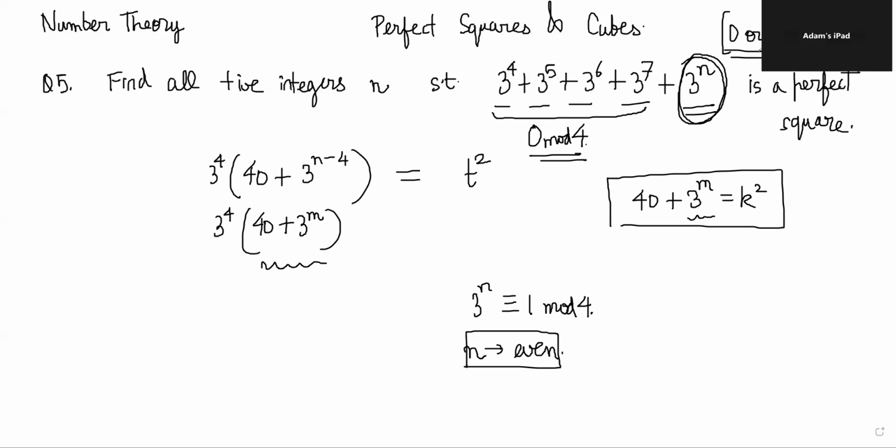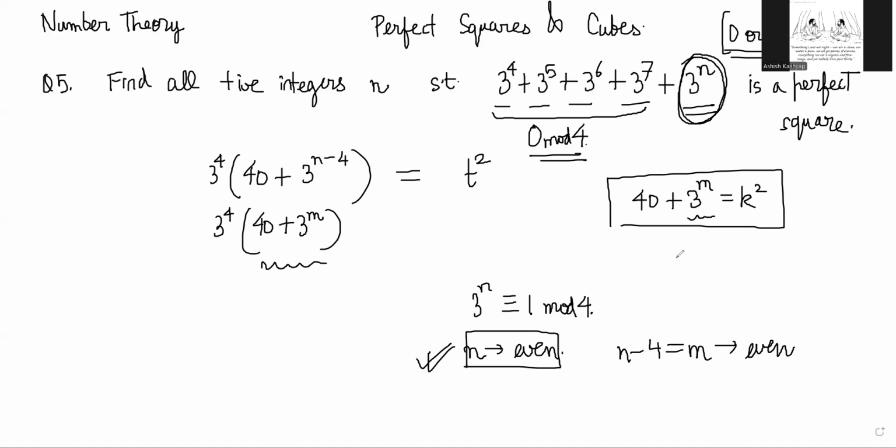Well, it can be 1 or 3, but since our only option for a square is 0 or 1, we can conclude that 3 to the n must be 1 modulo 4, and n must be even. Okay, so n is even, then n minus 4 or m is also even.